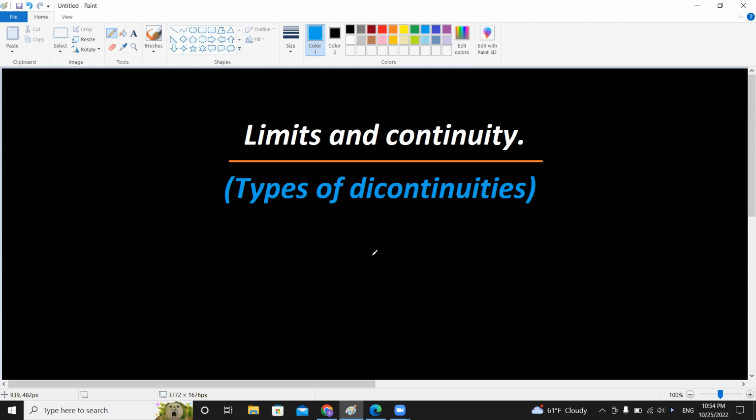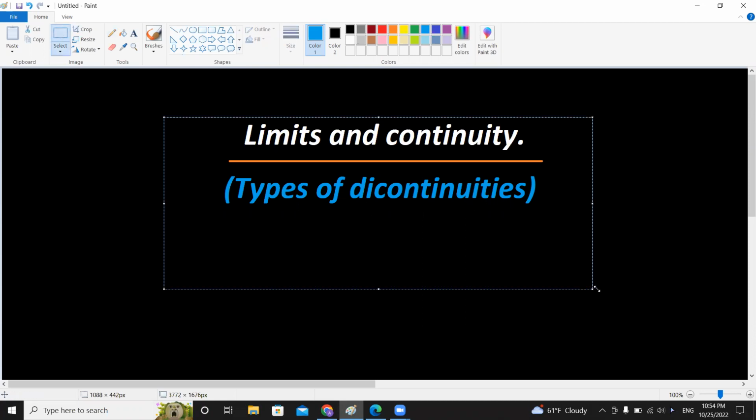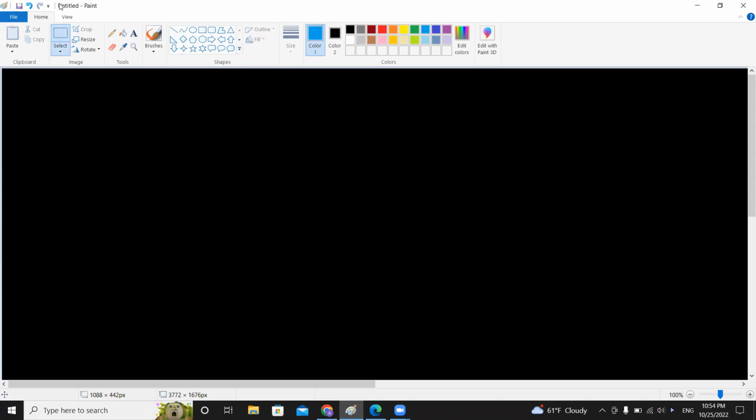Before we understand continuity, let's remember what the idea of limits was. We said that the limit of the function as x approaches c is a kind of number that f(x) approaches.